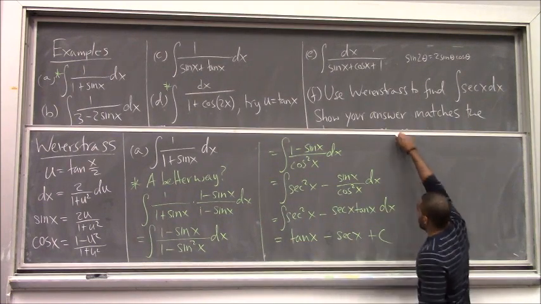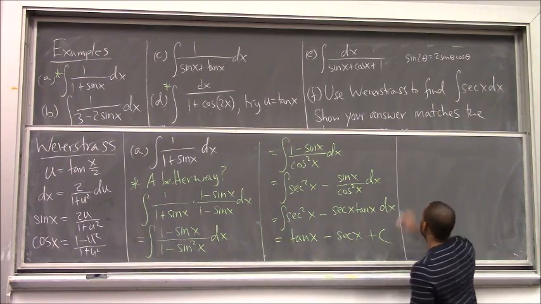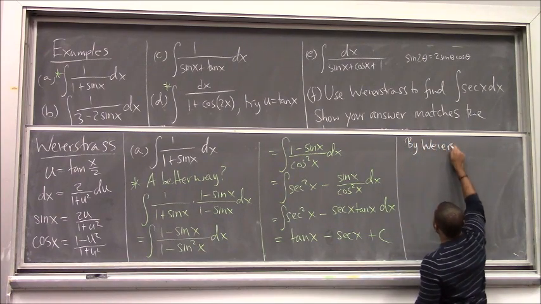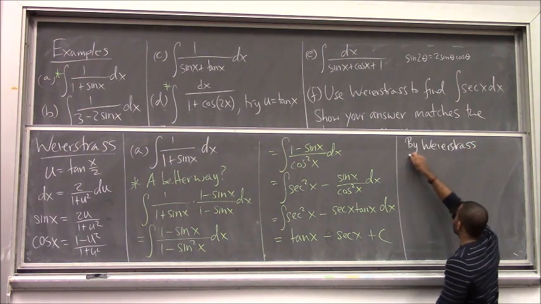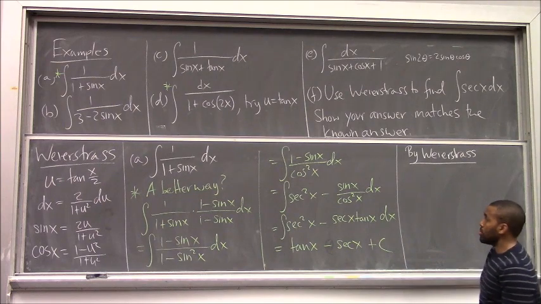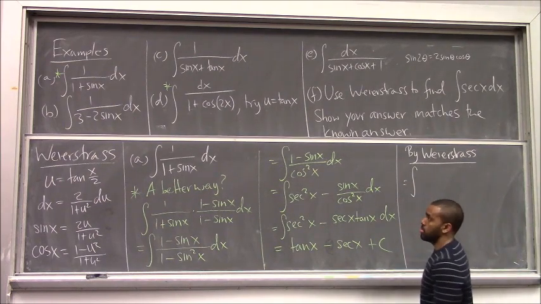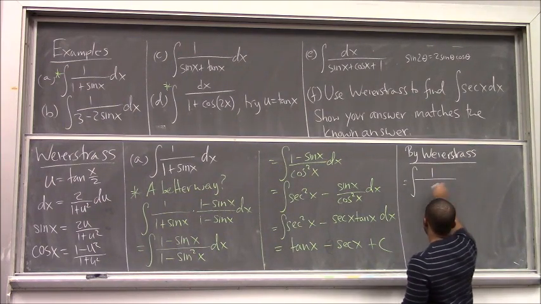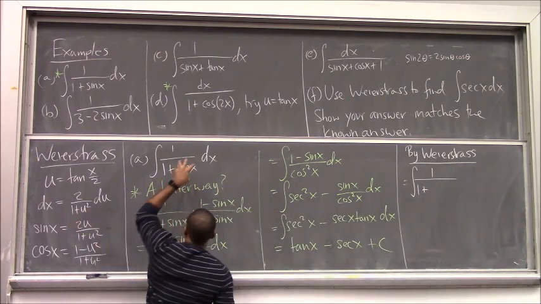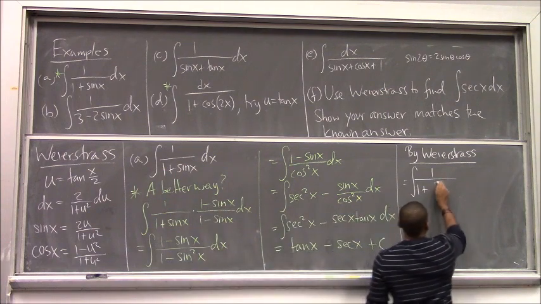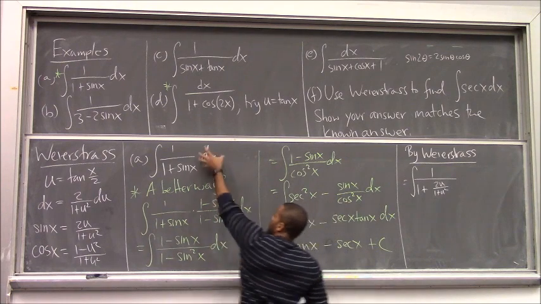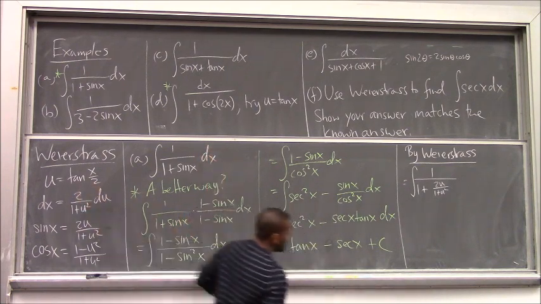Had I wanted to use the Weierstrass substitution, what would it look like? My integral would become 1 plus, and I literally substitute this expression for sine x, 2u over 1 plus u squared. For the dx, I literally substitute this expression.